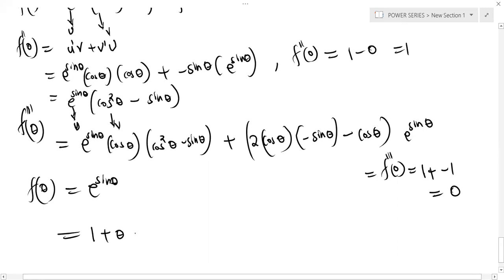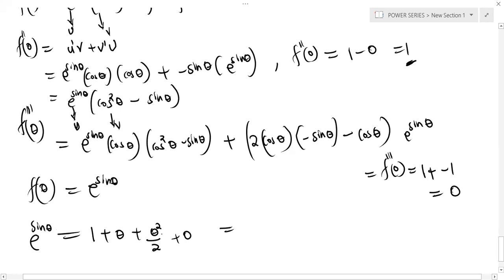What is our f prime of 0? Our f prime of 0 was 1 as well, plus theta squared over 2 factorial, which is just basically over 2. What is our f second prime? Our f second prime is 1, and our f third prime was 0. So this is our power series for e to the sine theta.